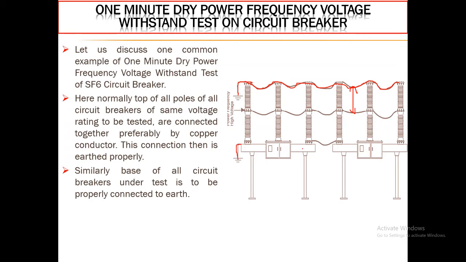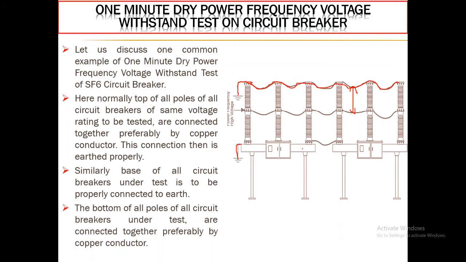So this is how one has to create a connection to test the circuit breaker for the 1 minute power frequency voltage withstand test. The bottoms of all the poles of all circuit breakers under test are connected together, preferably by the copper conductor, which you can see over here.